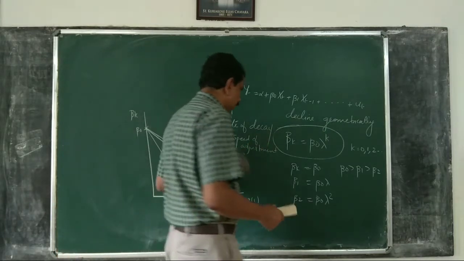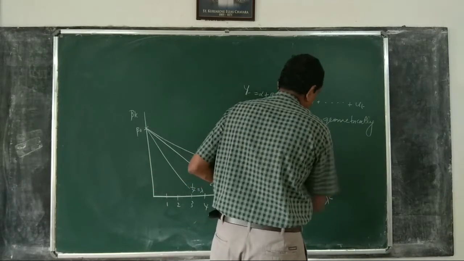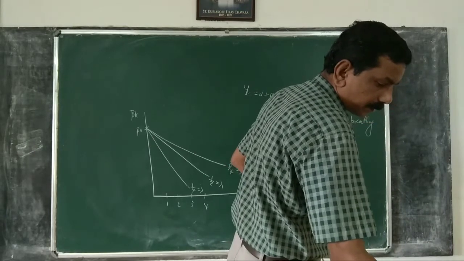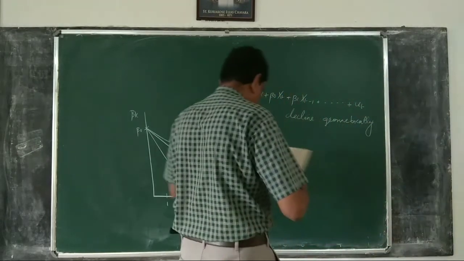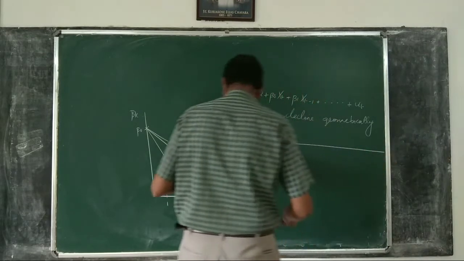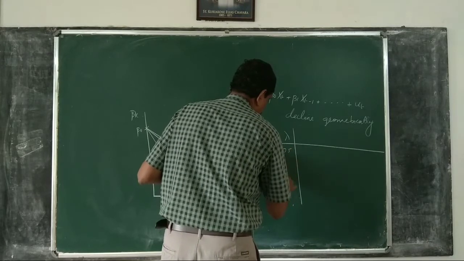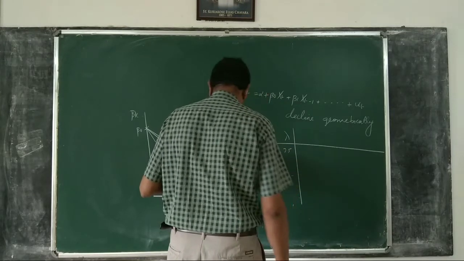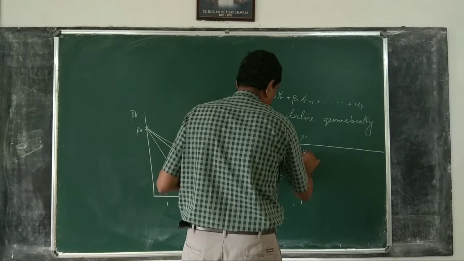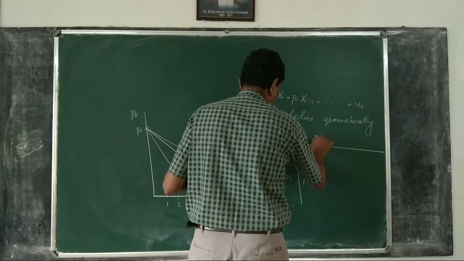Let us see this with an example. Now, suppose that we specify two values for lambda. Lambda is 0.75, lambda is 0.25. Initially beta 0. Now, what is beta 1?